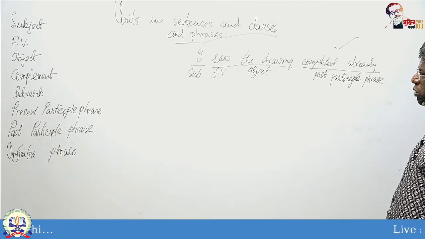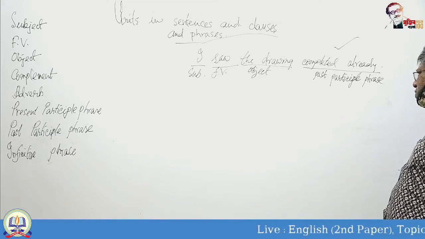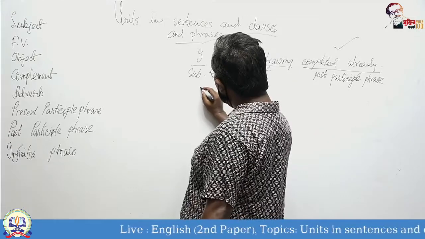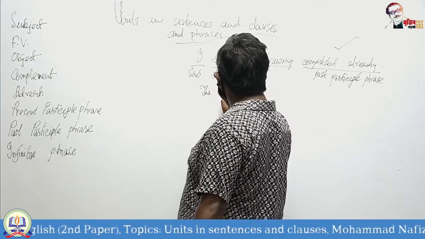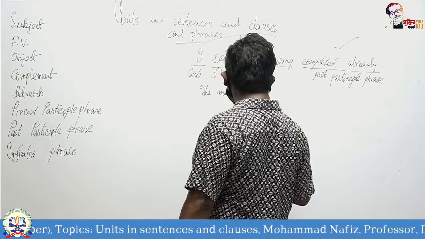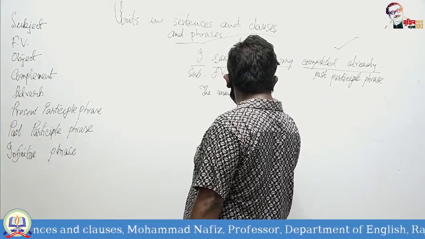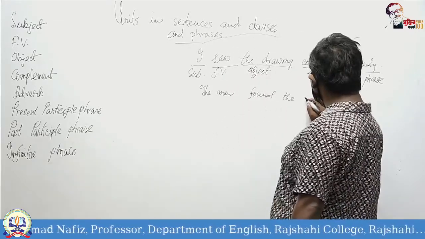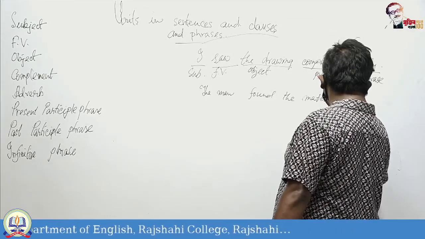So we have 4 units in this sentence: subject, finite verb, object, past participle phrase. Similarly, the man found the match ended.